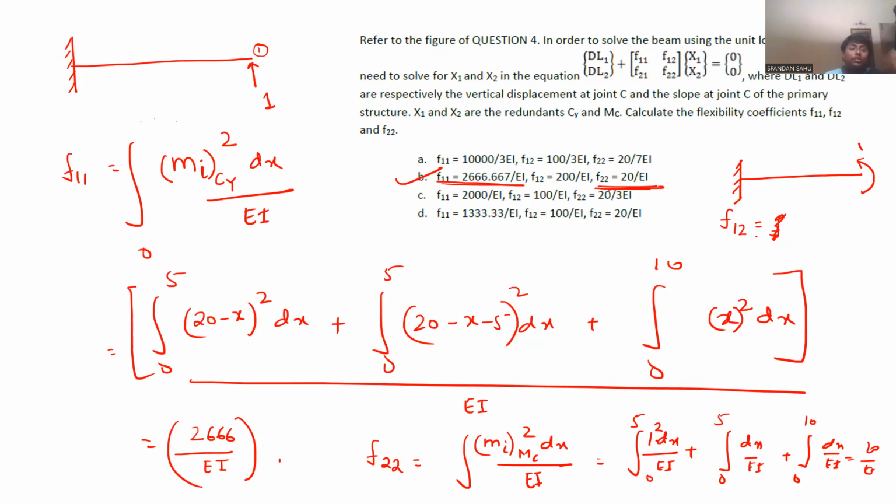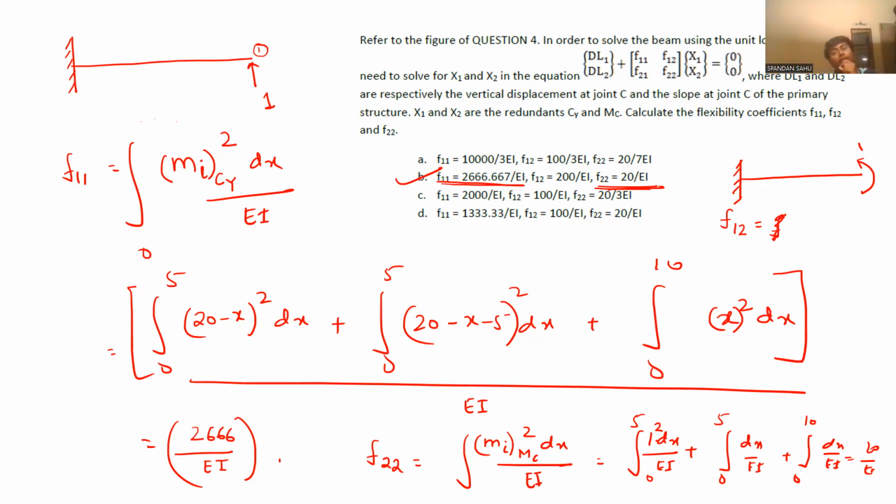You have to calculate displacement at this point due to unit movement. Correlate again with truss. Unit movement is already present there, so now it is acting like a P4 system for this F12.